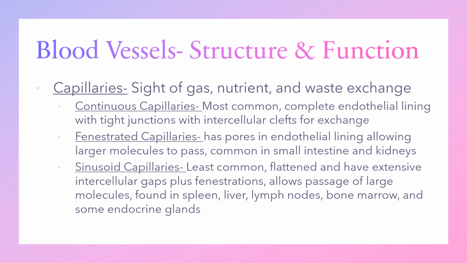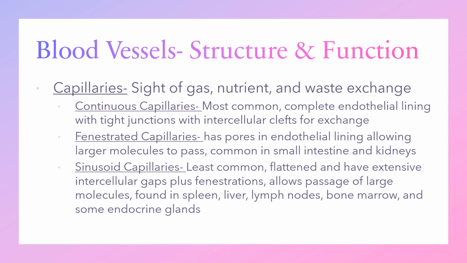The large openings in them allow for the passage of larger molecules such as proteins and even whole cells like red blood cells and white blood cells. This facilitates the exchange of substances between the blood and surrounding tissues, particularly processes such as recycling red blood cells in the spleen and producing blood cells in the bone marrow.